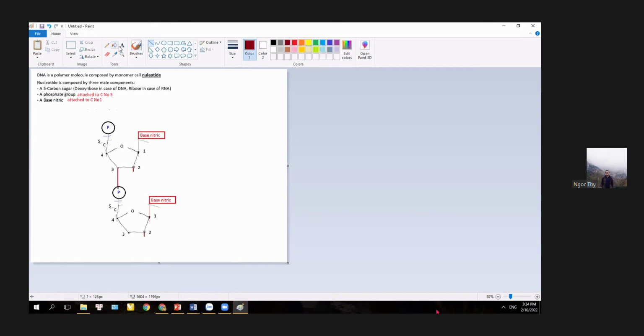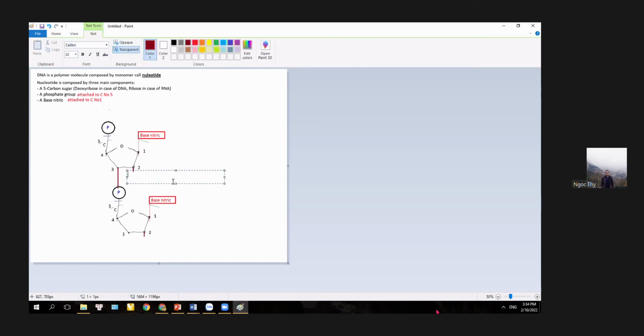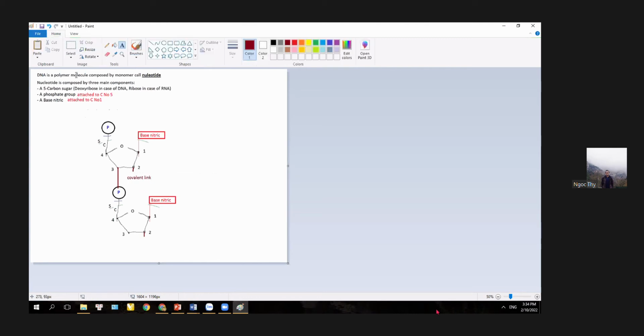The phosphodiester link is also a covalent link, which is really stable. The direction from the top to the bottom: we can see the carbon number 5 coming first and the carbon number 3 coming later.